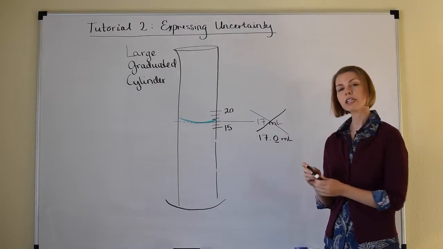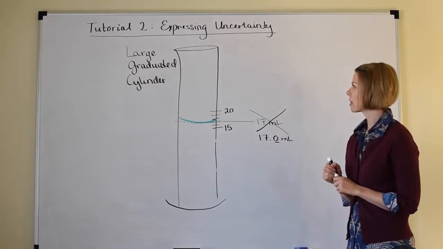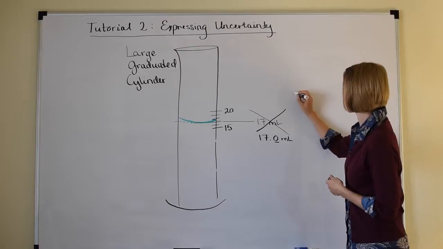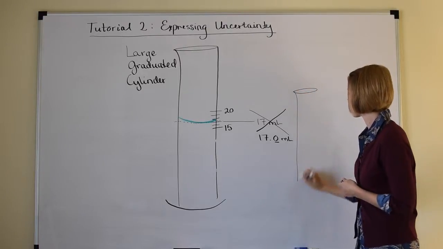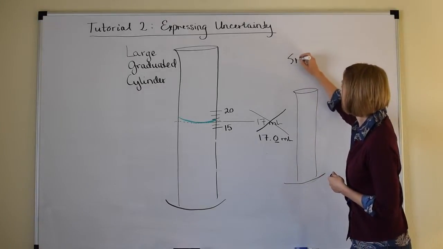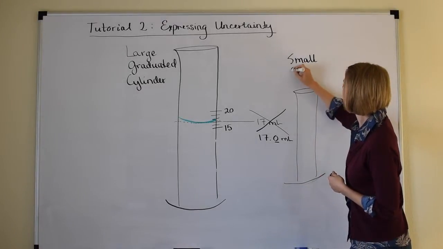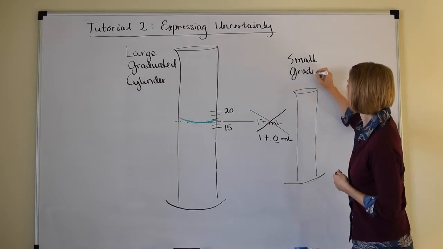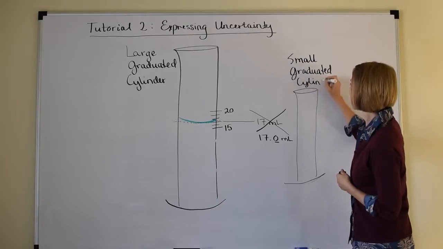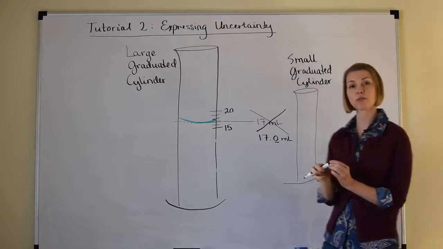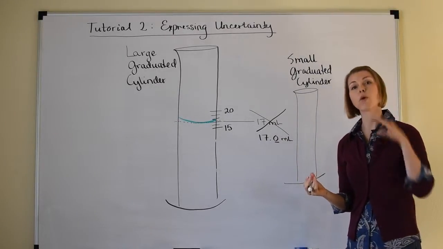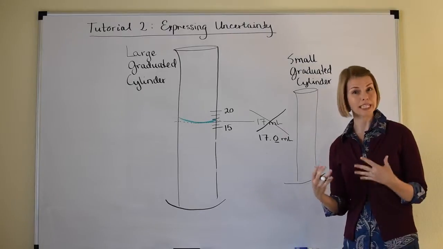All right, so let's do the same thing, but now let's draw a small graduated cylinder. And I think I can squeak it in right here. Make it smaller. A small graduated cylinder is probably going to be a 10 milliliter graduated cylinder. Now your small graduated cylinder is going to have increments out to the 10th of a milliliter.